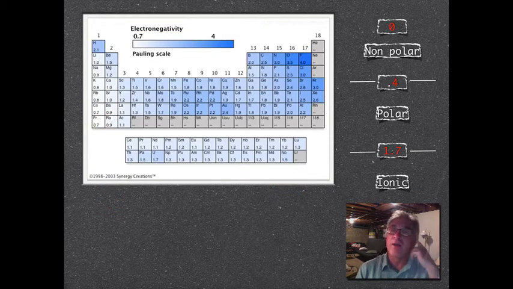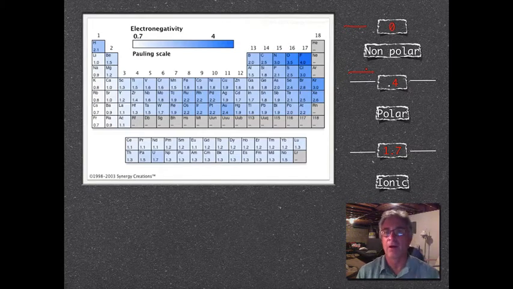With that in mind, we have a scale over here, and that scale essentially says if the difference is between 0 and 0.4, it would be considered a non-polar compound. If we have something from 0.4 to 0.7, that would be a compound that tends to be more polar in nature. Anything above that, of course, would be ionic.